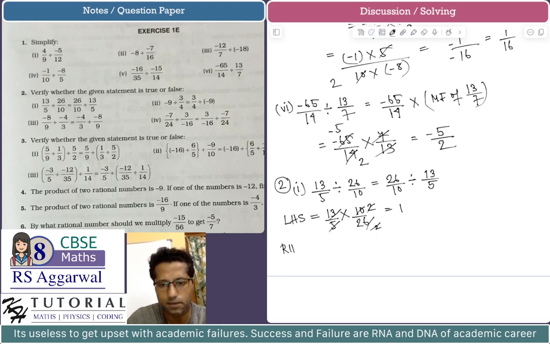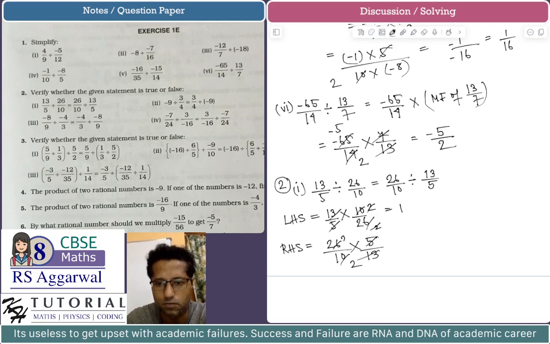Whereas the RHS is equal to 26 by 10 multiplied by 5 by 13, the multiplicative inverse of 13 by 5 being 5 by 13. If you do cancellation, this is also equal to 1.